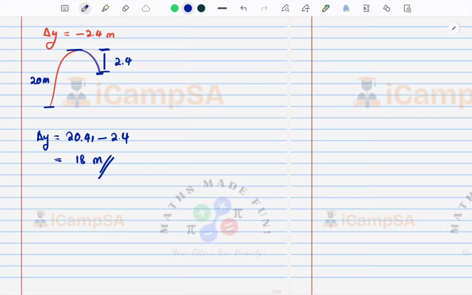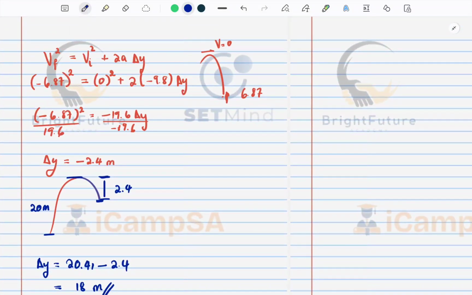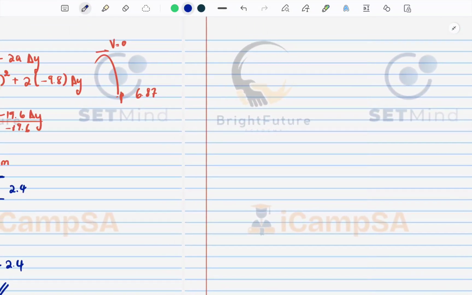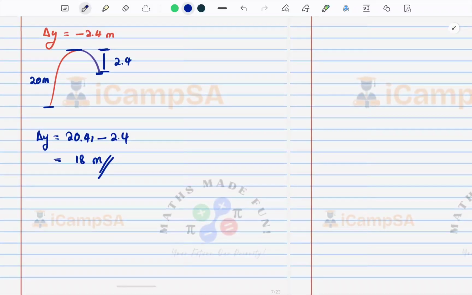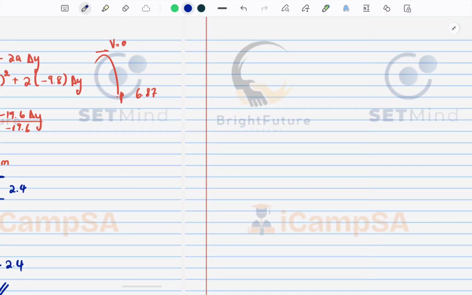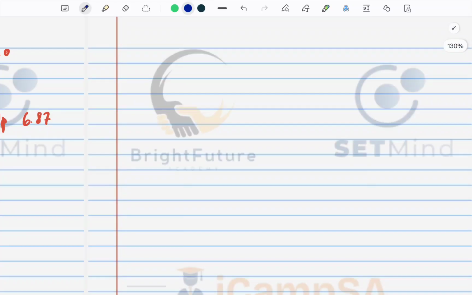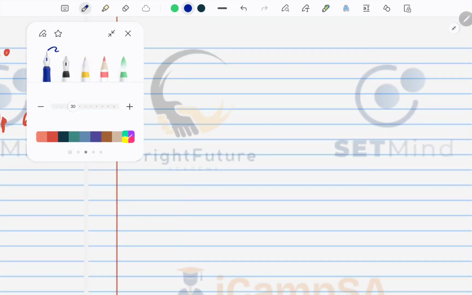Then again, you can use the other formula, which I'm going to give you as option 2. Okay, now for option 2, this is your easiest way out. But this was just so that you understand what you're doing here. So let's go for option 2 and see.